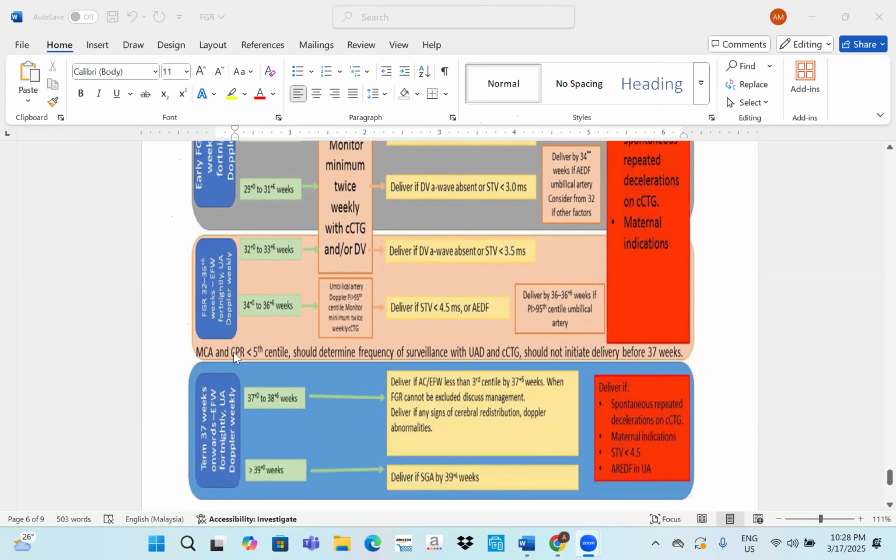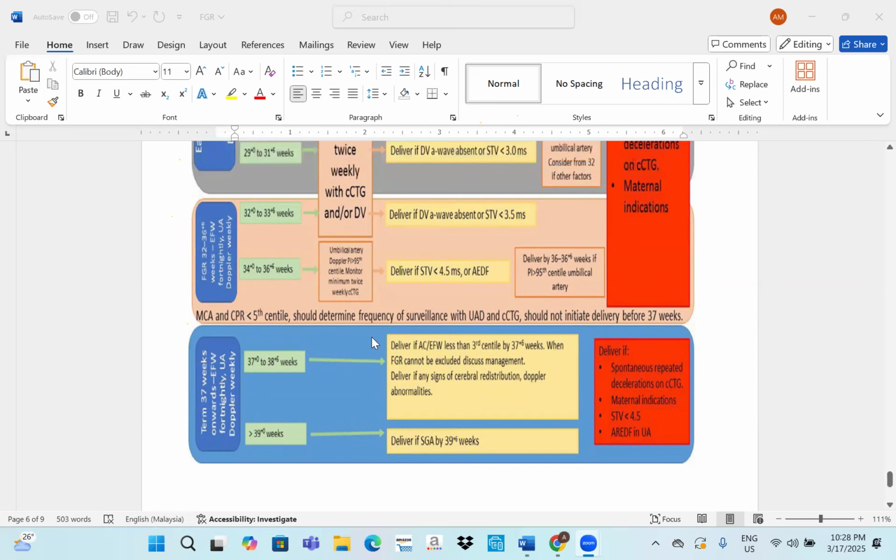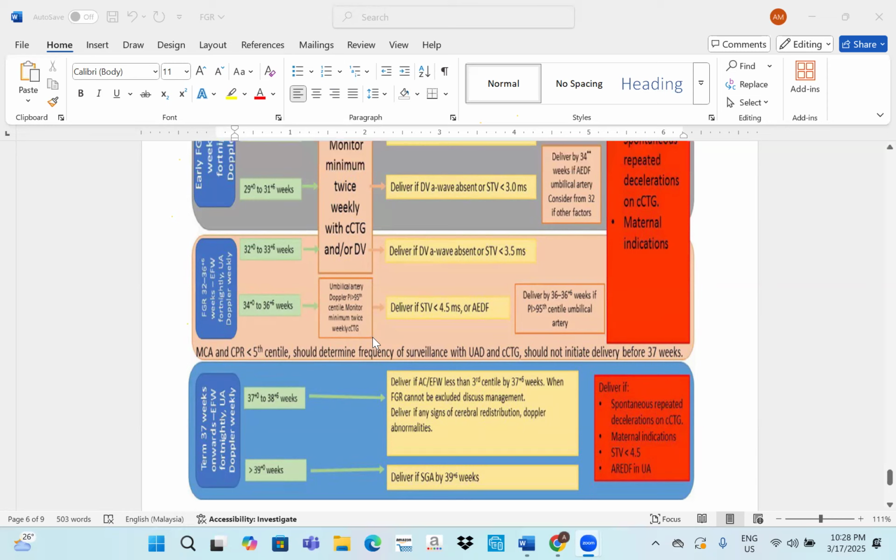And the middle cerebral artery Doppler, this will just determine the frequency of the umbilical artery Doppler, but before 37 weeks, you cannot use the middle cerebral artery or cerebroplacental ratio to determine the delivery. Here, how you will determine your delivery, that whether you're going to deliver the patient or not.